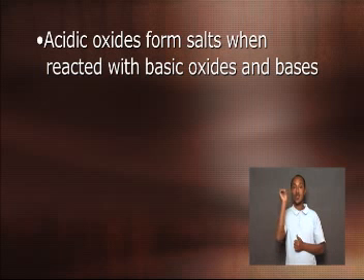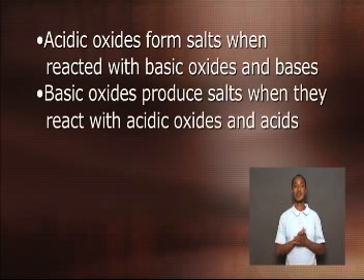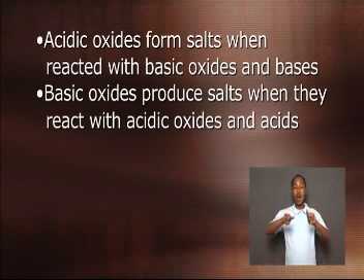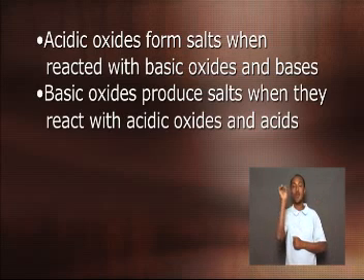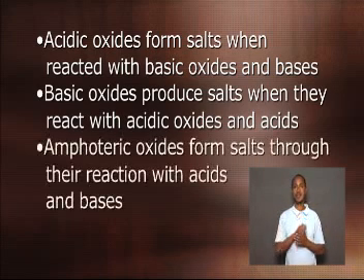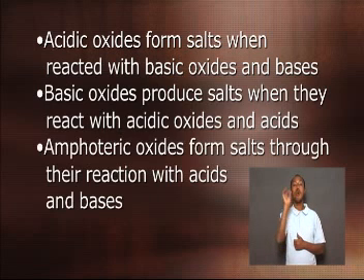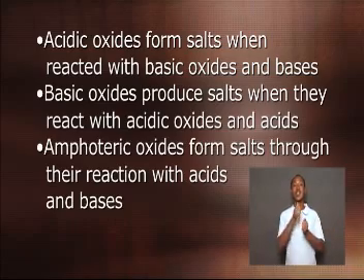Acidic oxides form salts when reacted with basic oxides and bases. Basic oxides produce salts when they react with acidic oxides and acids. Amphoteric oxides form salts through their reaction with acids and bases.